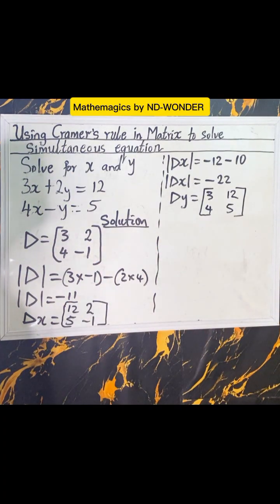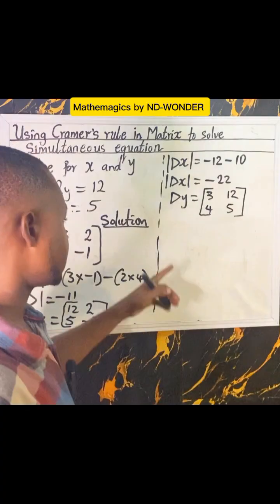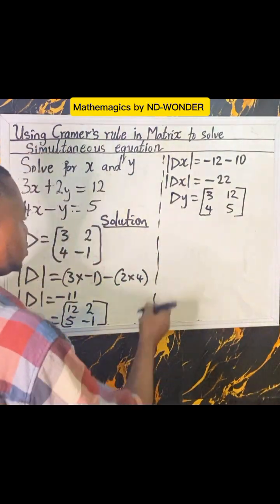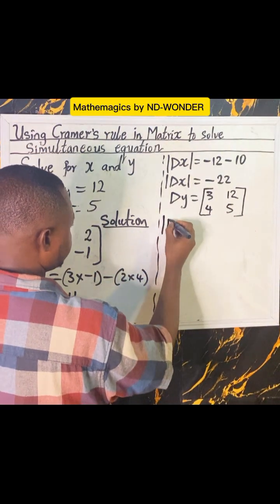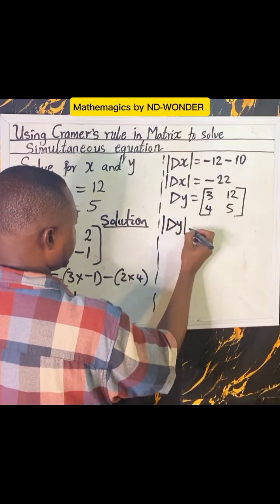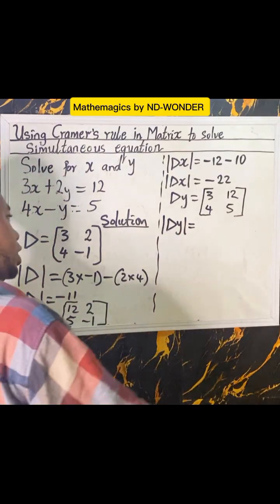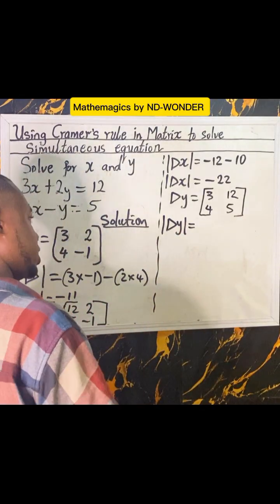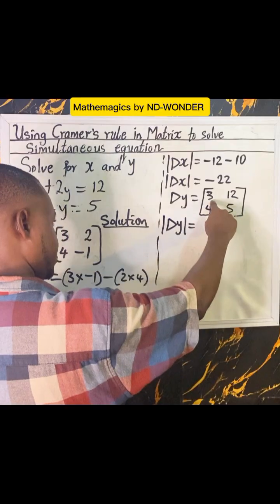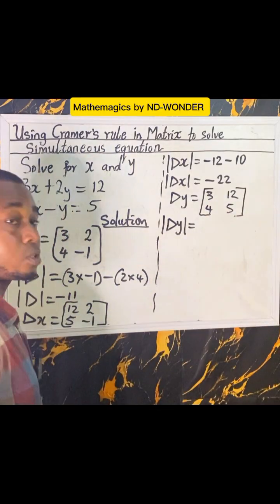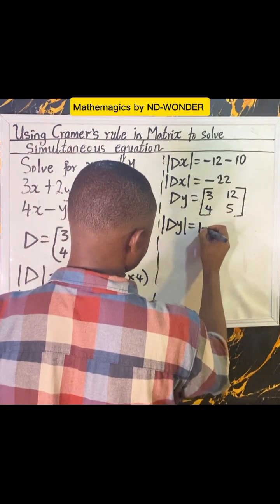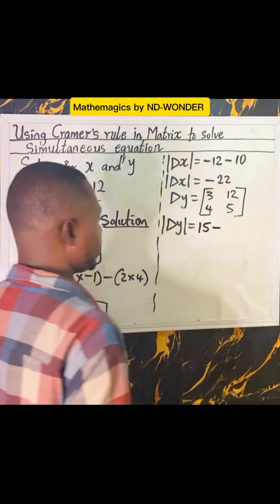What is the next step? The next step is to obtain the determinant of change in y. Doing that, we have the determinant of change in y equal to the leading diagonal, 3 times 5. You get 15. You write it down. Then put your minus.